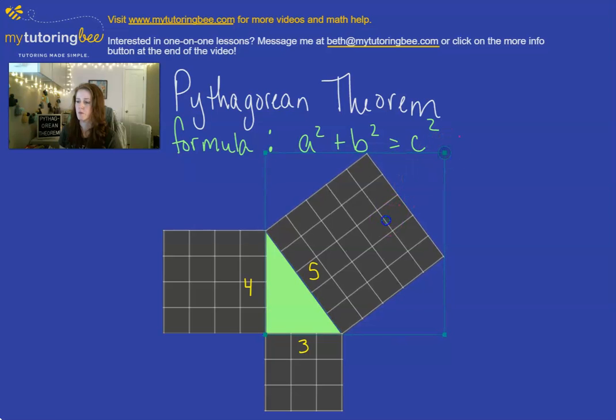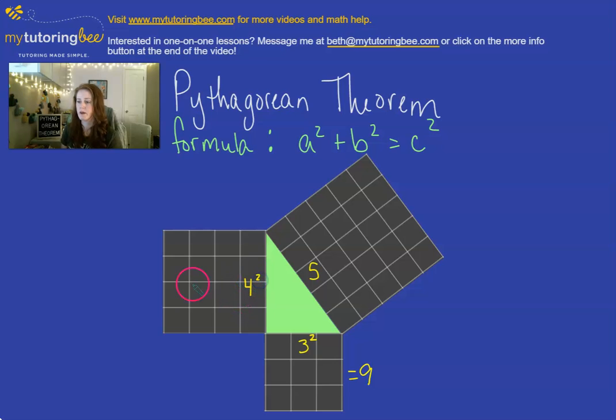And so when I line these up like this against the triangle, I can see that 3 squared, right, 3 times 3, or 3 rows of 3, however you want to look at it, equals 9. I have 9 units inside of this grid square. Same thing with the 4. 4 rows of 4, 4 times 4.